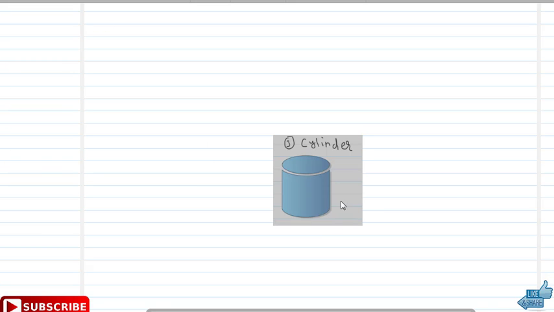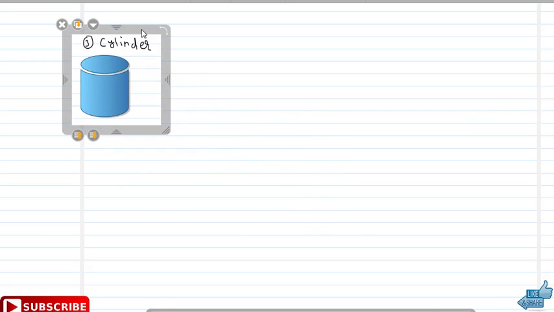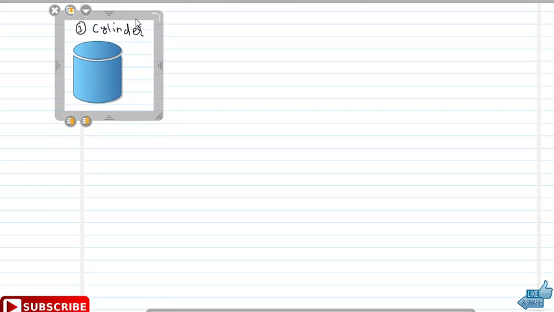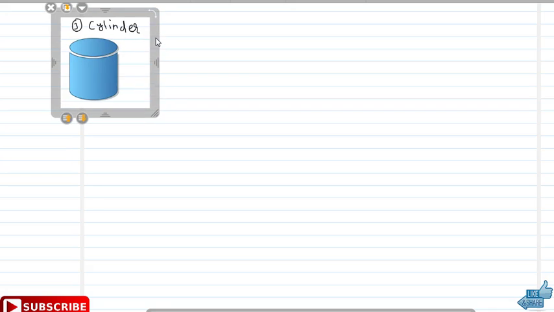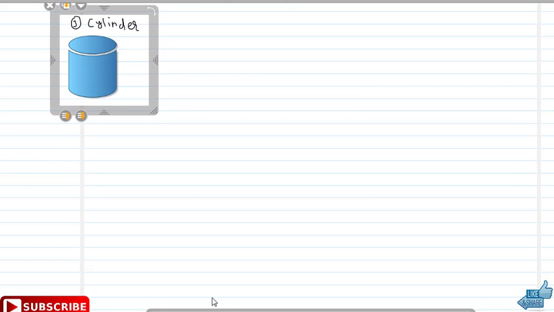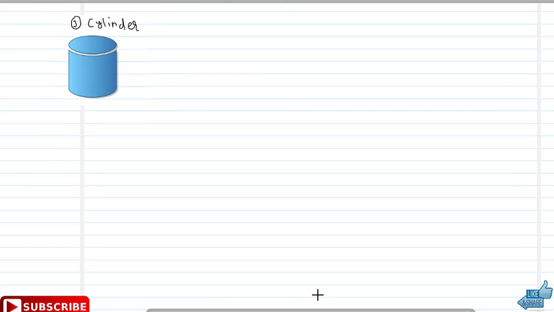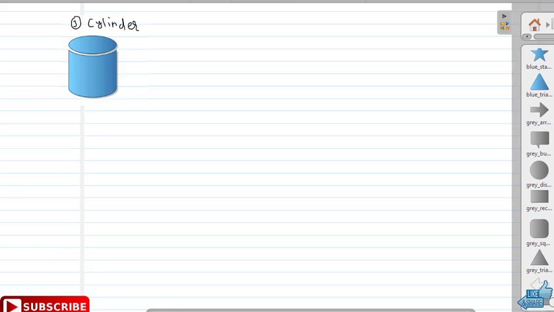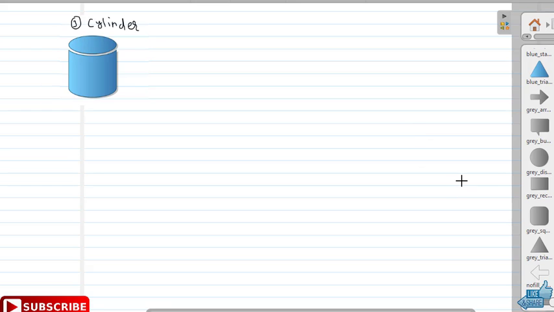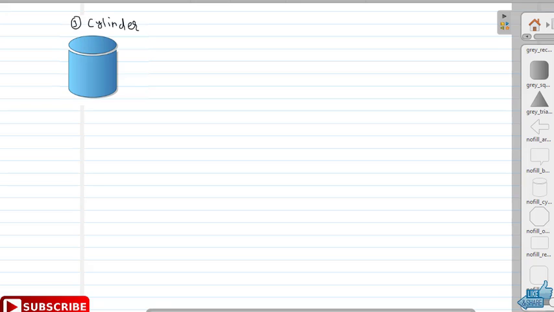So I just paste the cylinder over here. Now you have to understand the cylinder very clearly. I will explain the cylinder. Now see, if I cut this cylinder into some parts, you can see that there is a circle on the top, circular in shape.